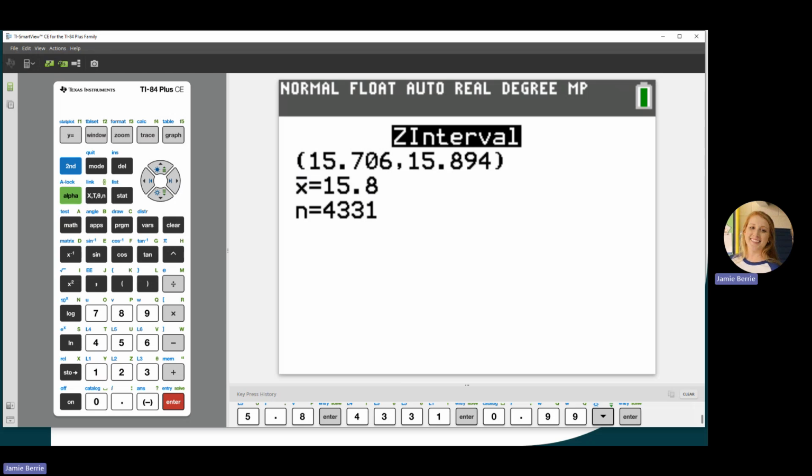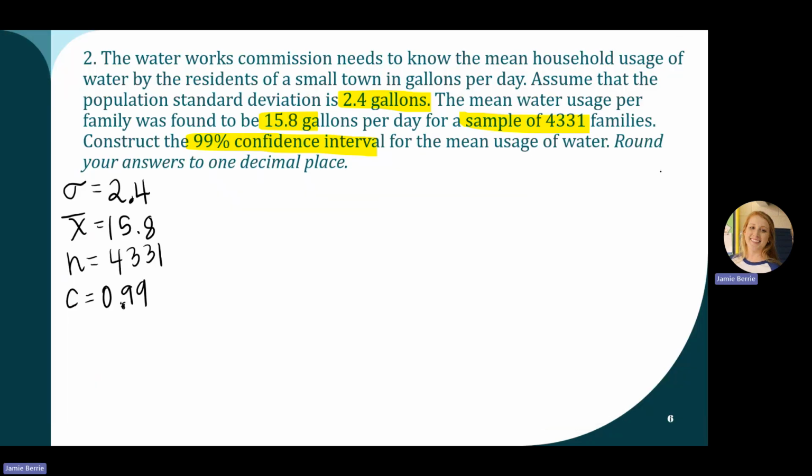We're rounding this to one decimal place, so that's 15.7 to 15.9. All right, so I thought we were going to see a larger interval, but we actually ended up seeing a smaller one because we had that very small population standard deviation. All right, so 15.7 to 15.9.